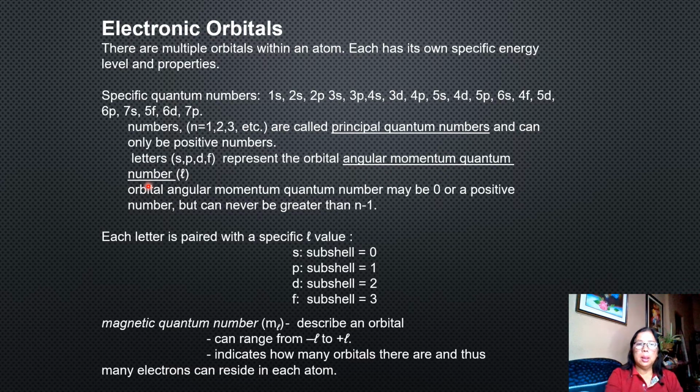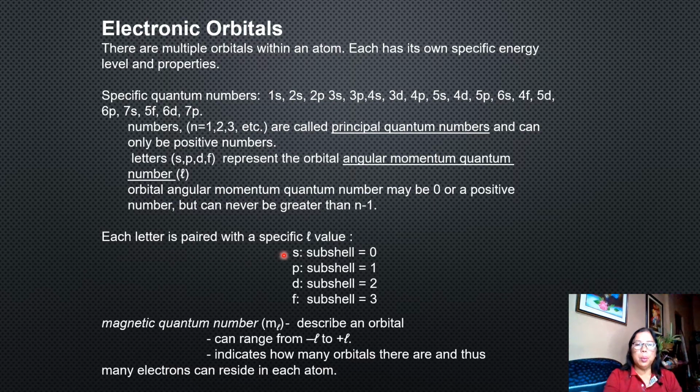They are usually presented to you as your electron dot or electron shell distribution. The orbital angular momentum quantum number may be 0 or a positive number, but it can never be greater than n minus 1. Sorry.